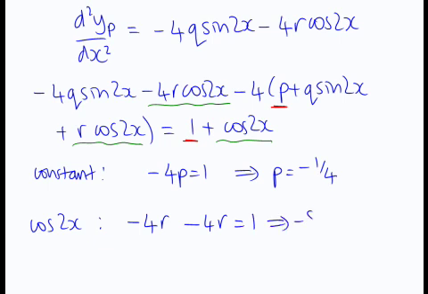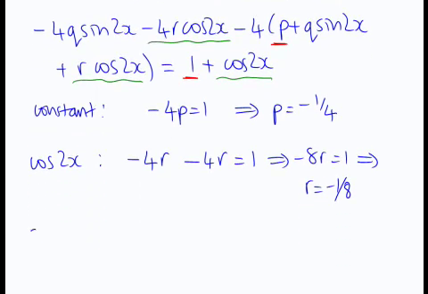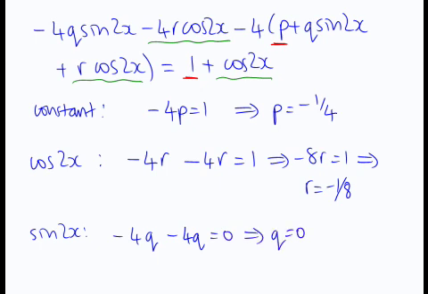So that tells me that minus 8r is 1, r is minus an eighth. And finally I look at the sine 2x terms. Minus 4q minus another 4q is 0, so q is 0.